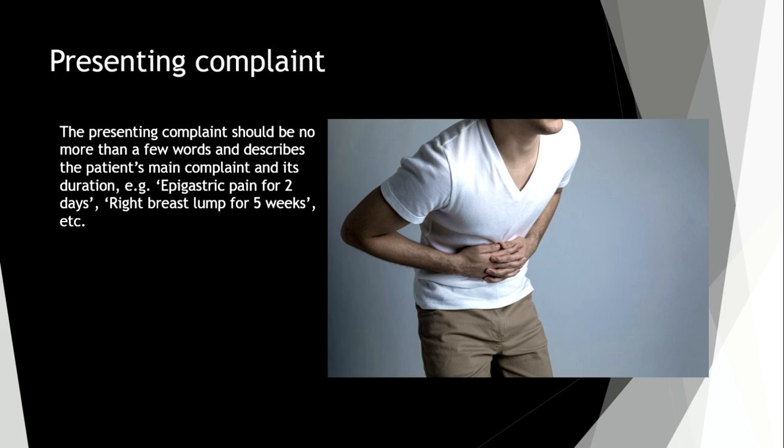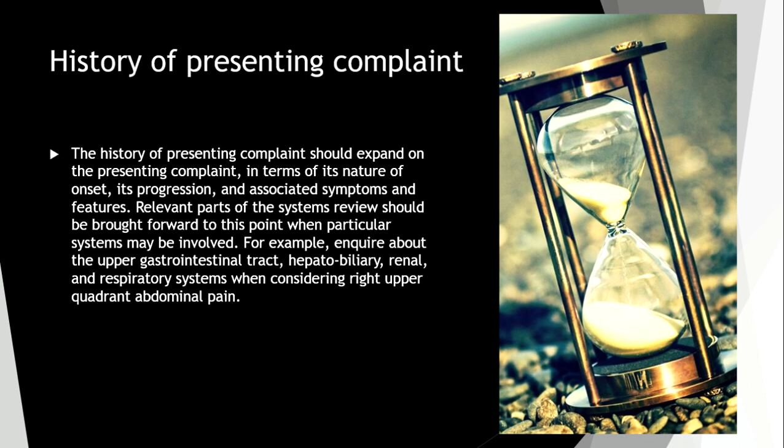Presenting complaint. The presenting complaint should be no more than a few words and describes the patient's complaint and its duration. Example criteria: epigastric pain for 2 days, right breast lump for 5 weeks, etc. History of presenting complaint. The history of presenting complaint should expand on the presenting complaint in terms of its nature of onset, its progression, and associated symptoms and features.